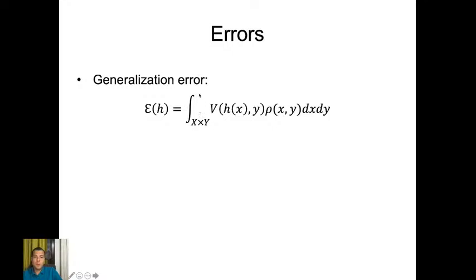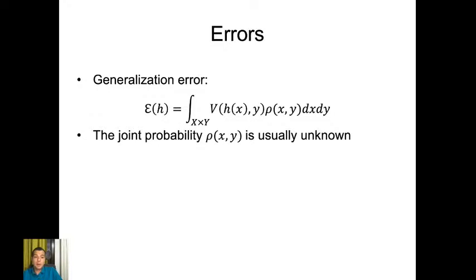Taking the integral over this whole space means it's computed over all the possible data samples in your space. Of course, in practice, this is not possible. You cannot have all the data samples. You can try to have as many as you can get, but you cannot have all of them. So this is a theoretical error.